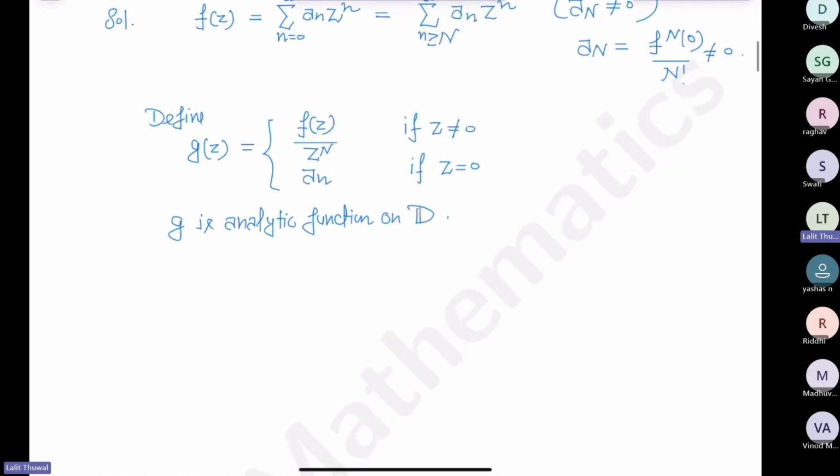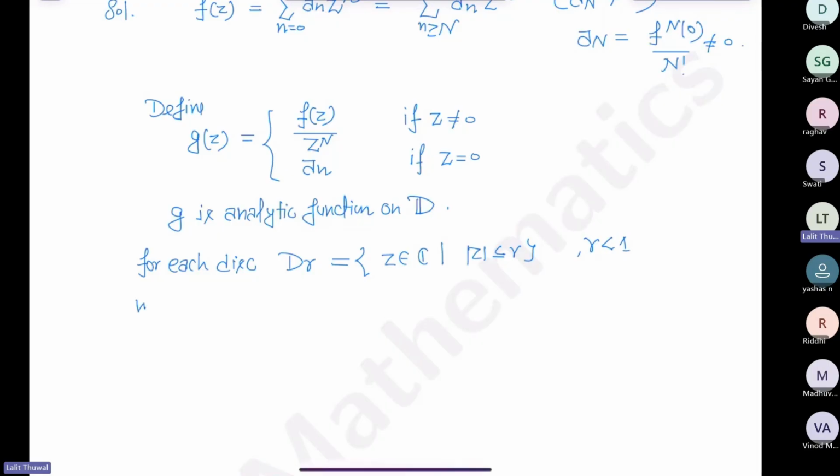If it is analytic, we can use the maximum modulus principle. So for each disk, say D_r, with closure such that mod of z is less than or equal to r, where r is any number less than 1.